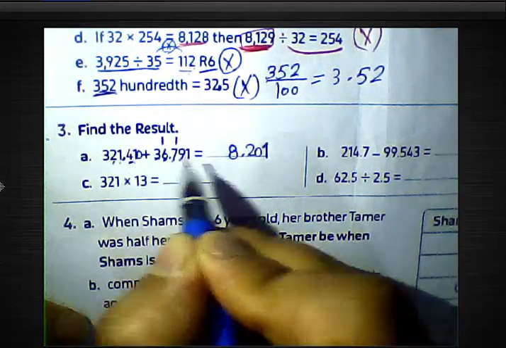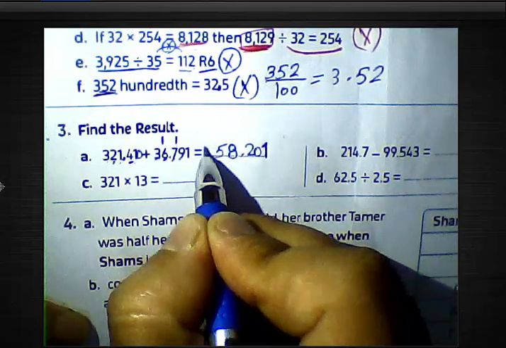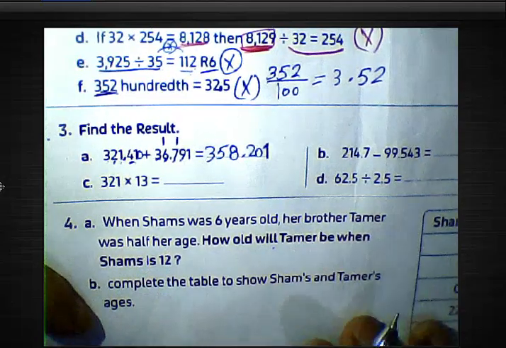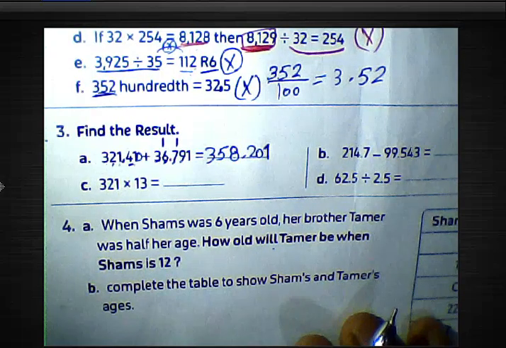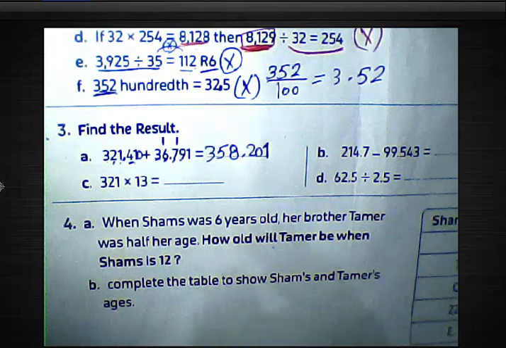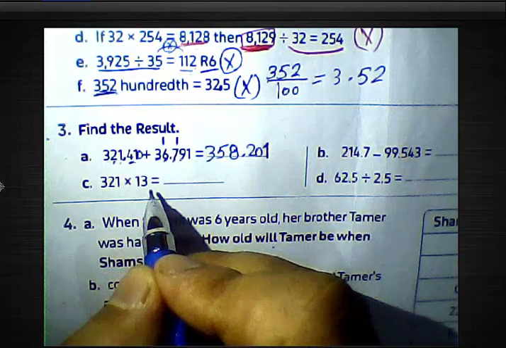And 3 plus 2 equals 5. And then write 3 behind it. The result will be 358 and 201 thousandths.